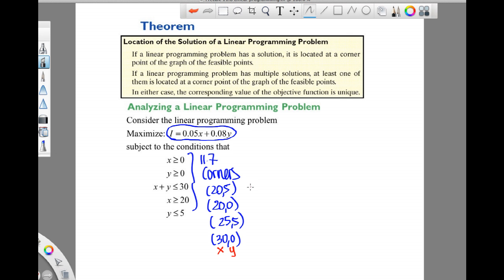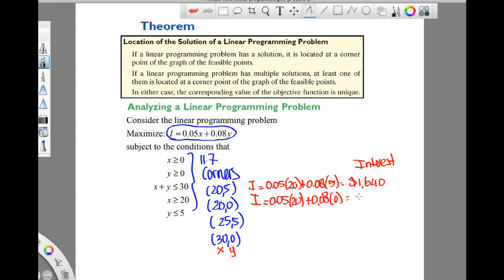I stands for the interest. So in the first situation the interest would be 0.05 times 20 plus 0.08 times 5, and that gives a total of 1,640. This is the amount of interest that would be earned. If you do this with 20-0, it's a little bit easier, and you can clearly see that it would be less, only $1,000 of interest.